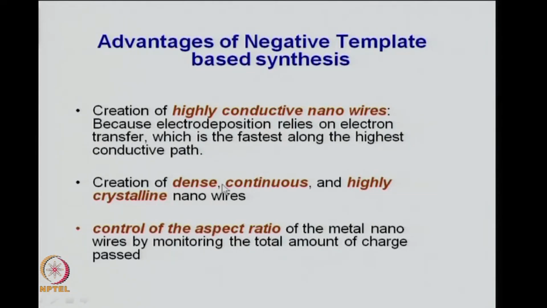And with this method of negative template based electrodeposition synthesis, you can get dense, continuous and highly crystalline nanowires. You can also control the aspect ratio of the metal nanowires. The aspect ratio is the ratio of the length divided by the breadth.